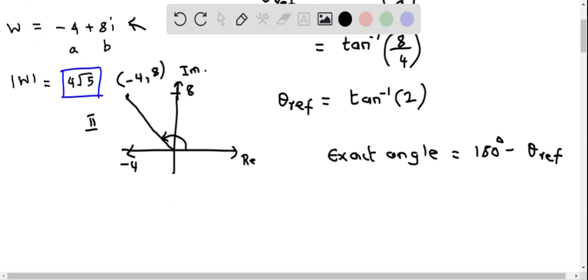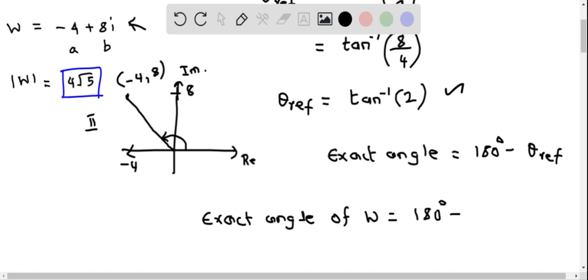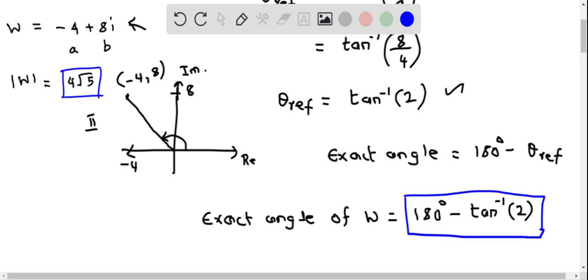So therefore you can write this as the exact angle of the complex number w, which equals 180 minus theta reference, where the reference angle is tan inverse of 2. So this is the exact value of the argument of w.